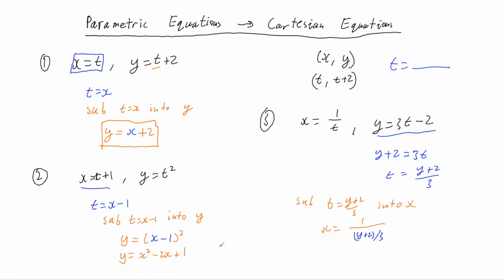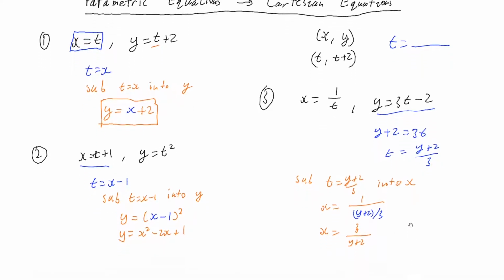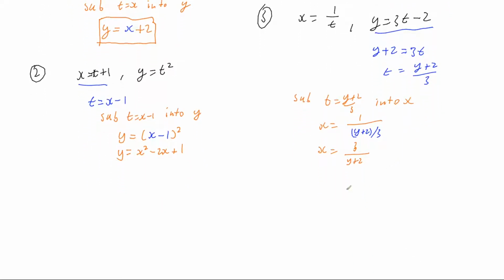Now, to tidy this up, we of course want to get y on its own. I've got y plus 2 on 3 as the denominator, so that's the same as having 3 on y plus 2. To keep going and get y on its own, so I've got it in Cartesian form, I will multiply both sides by y plus 2.